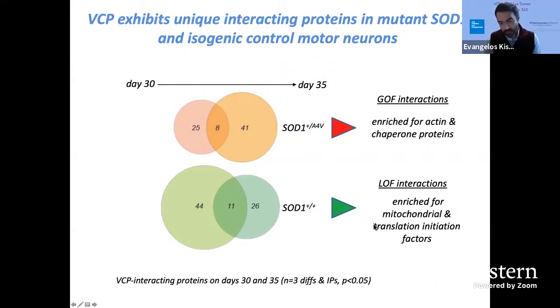Now, our hypothesis is that this altered function of VCP might impede its ability to lead to regular turnover and recycling of proteins that play key roles in mitochondrial function, translation, cytoskeletal homeostasis, and so on and so forth.